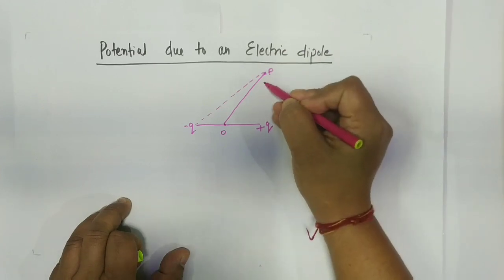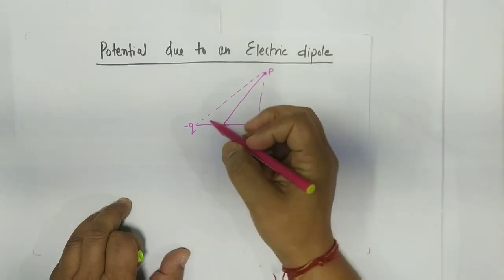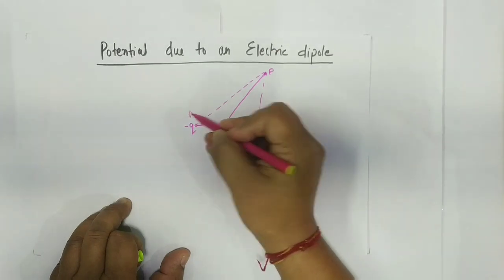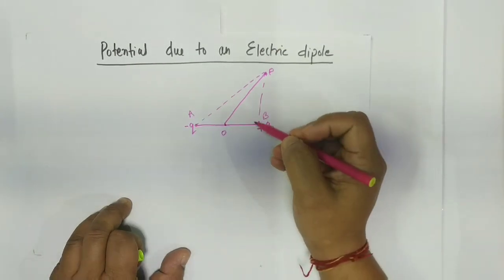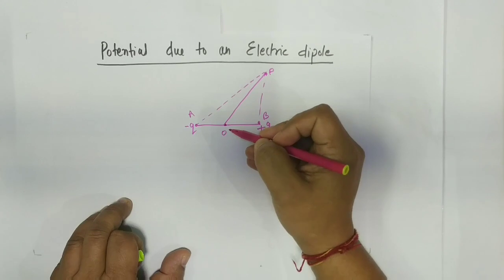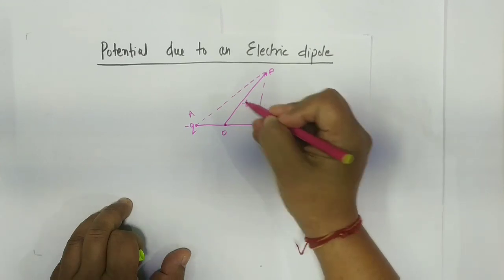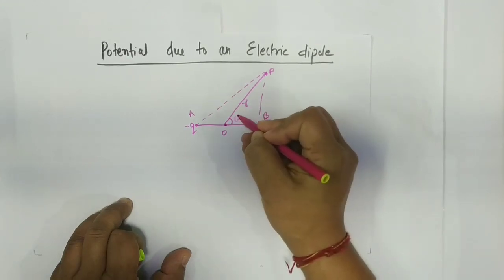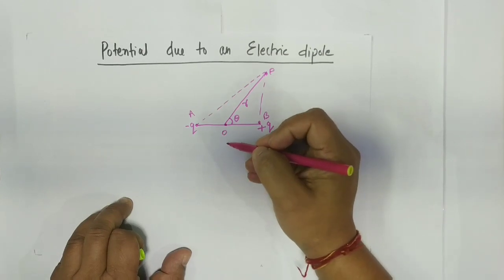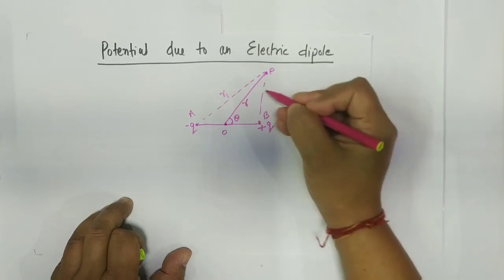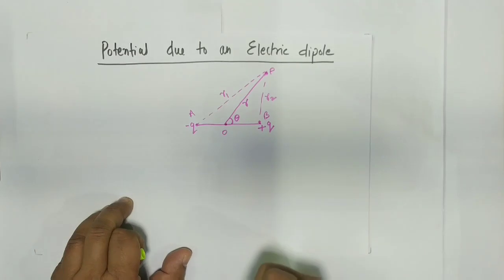Say this is A and this is B. From the center of the dipole, this distance is R, and this angle subtended is theta. This may be the R1 distance and this can be considered as R2.